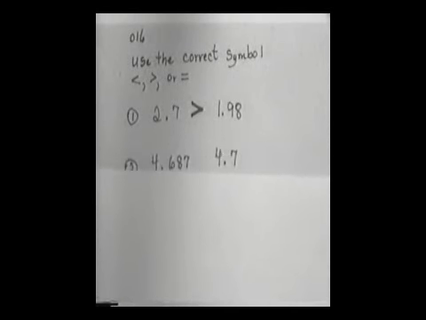Let's look at another example. This one is 4 and 687 thousandths. We want to compare it to 4 and 7/10. If you look at the whole numbers here, you notice that they're the same. So now we have to go to the decimal part. One way to do this is to make each decimal part have the same number of digits.